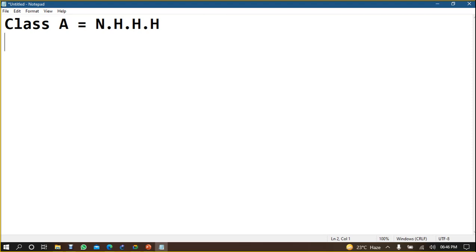So if I'm writing this IP address 10.10.10.255 or 10.10.10, this IP belongs to which class? 10.10. This is class A. Very good, no problem.